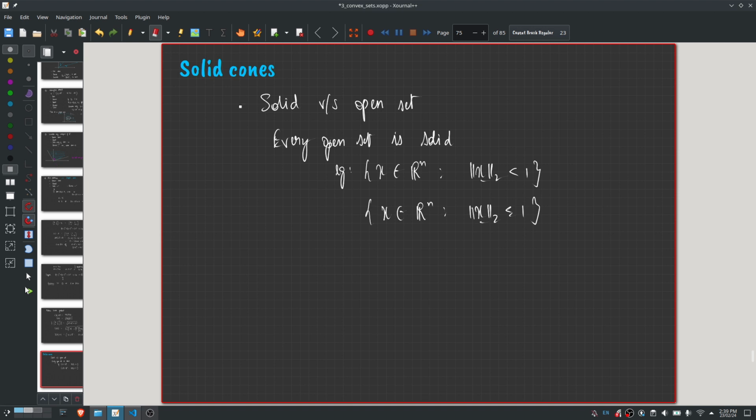So this is an example of a solid set which is not open. But a property of a solid set is that every solid set always contains an open set. It's possible to construct some subset of the solid set which is open.